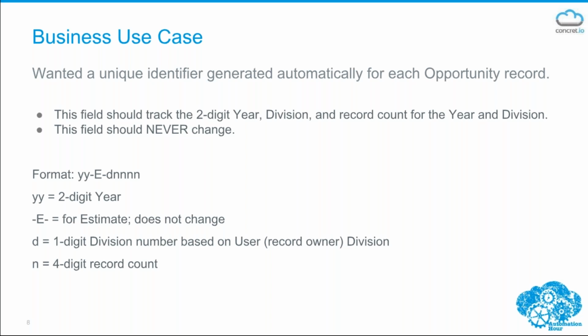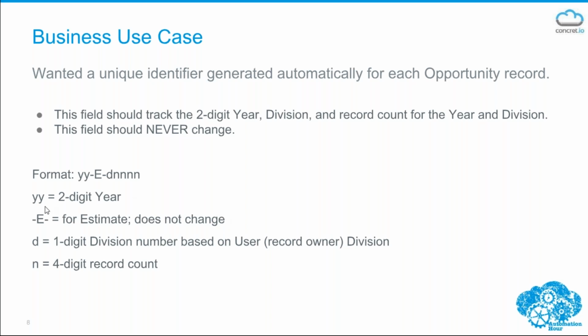But the thing is, they wanted to track the year of the bid due date and the division of the record owner and the record count. And once that field is set, it should never, ever change.